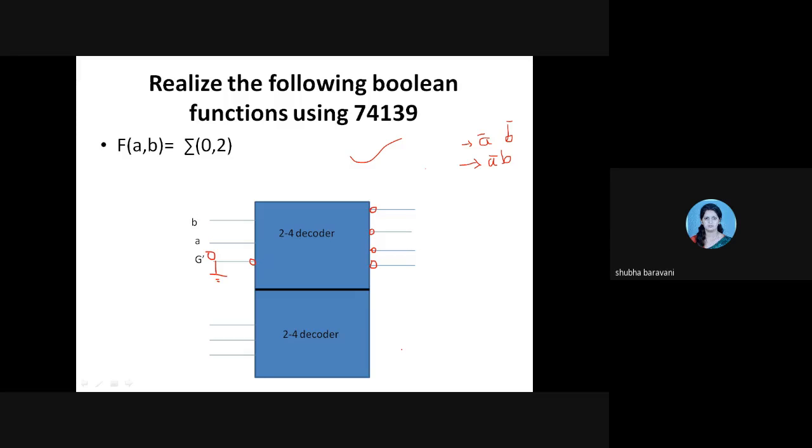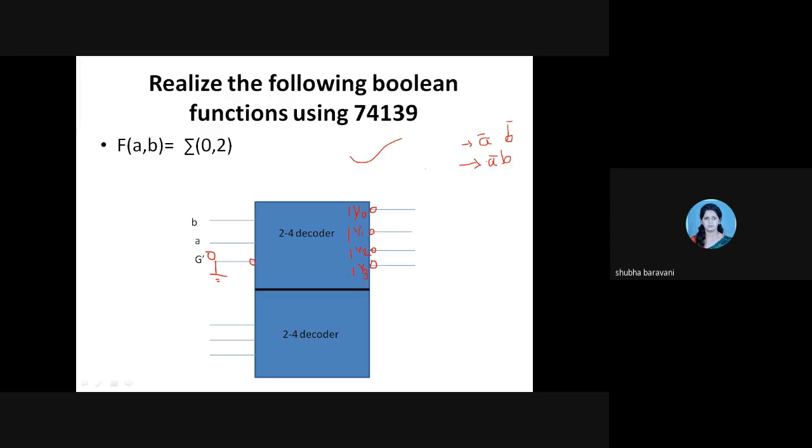Up till here, was that clear? I hope up till here it is understood. Now see, your first line is Y naught, output Y naught. This is Y1, this is Y2, this is Y3 of the first section.